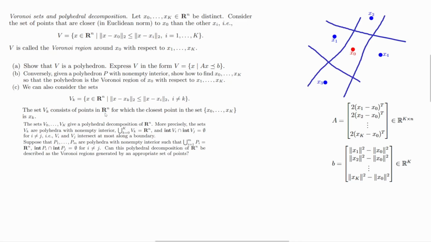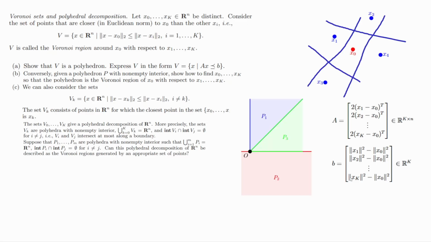Notice that these regions, V0 through Vk, partition all of R^n. They're all polyhedral with non-empty interior. They cover everything and their interiors don't overlap. So the question is, suppose we have some other polyhedron decomposition in R^n, just some collection of polyhedra like P1 through Pm that partition the space. Can we always realize this as a Voronoi diagram?